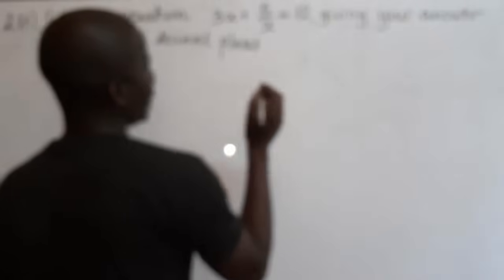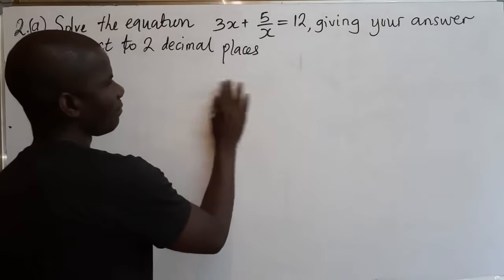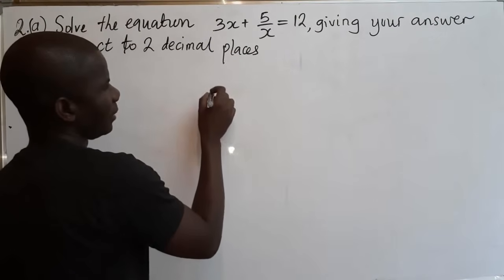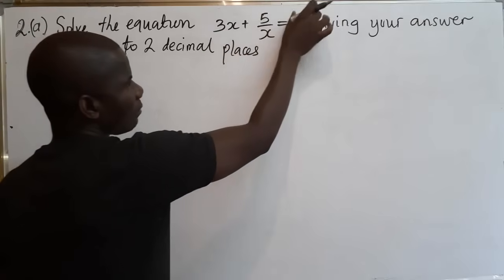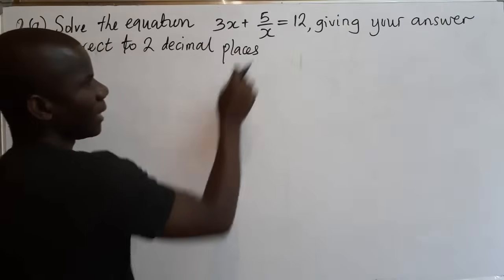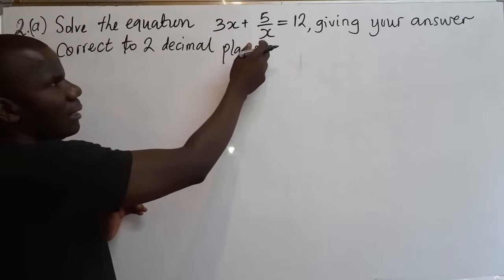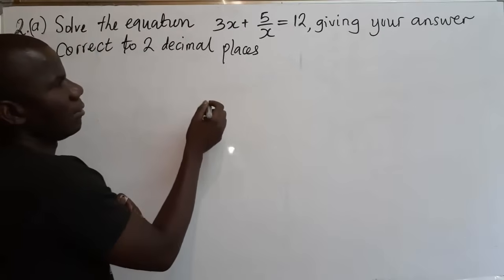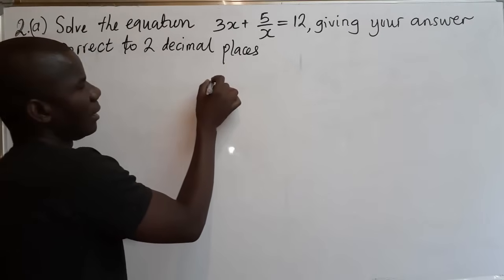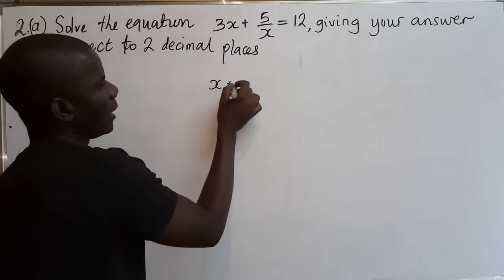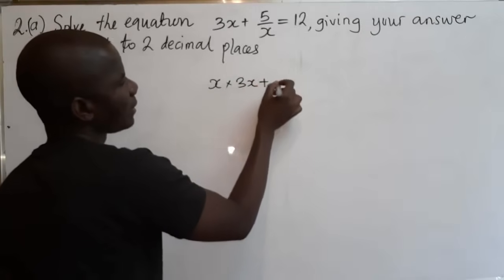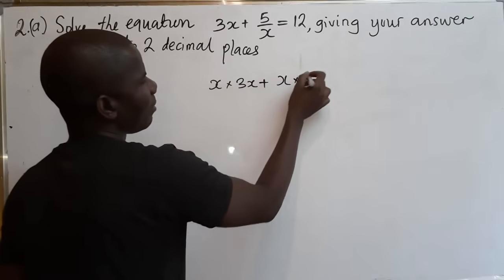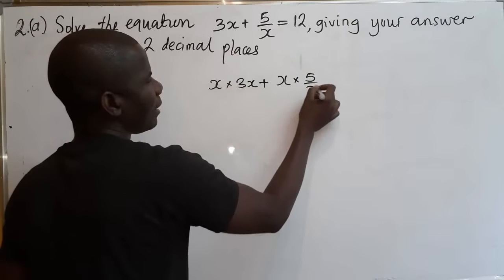To get rid of the fraction, if you have an equation like this, what you need is to multiply each one of these 3 parts by x, because x is the denominator here. So I'm going to say x multiplied by 3x here, plus again x multiplied by 5 over x.